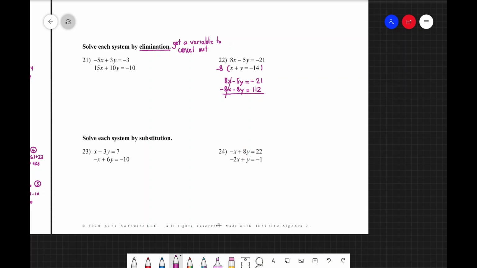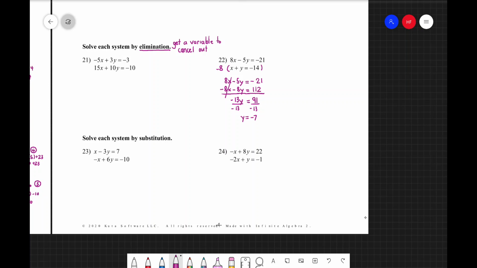Negative 5y minus 8y is negative 13y. And then negative 21 plus 112 is 91. So then we're going to divide by negative 13. We get y equals negative 7.